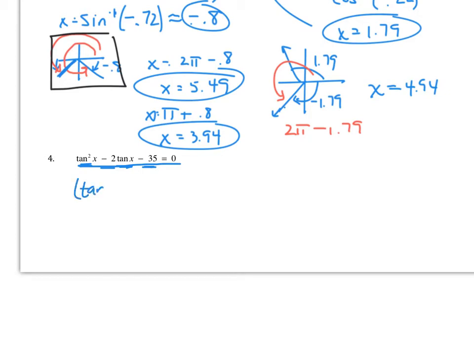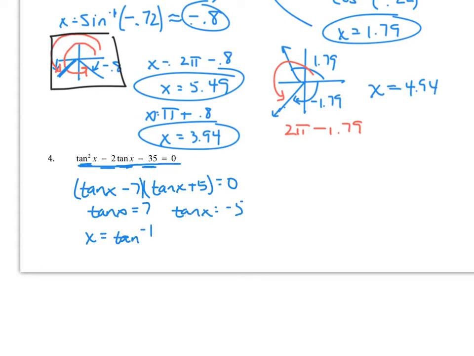So I've got tangent of x minus 7 times tangent of x plus 5 is equal to 0, which means that tangent of x is equal to 7 and tangent of x is equal to negative 5. x is going to equal tan inverse of 7, and x is going to equal tan inverse of negative 5.